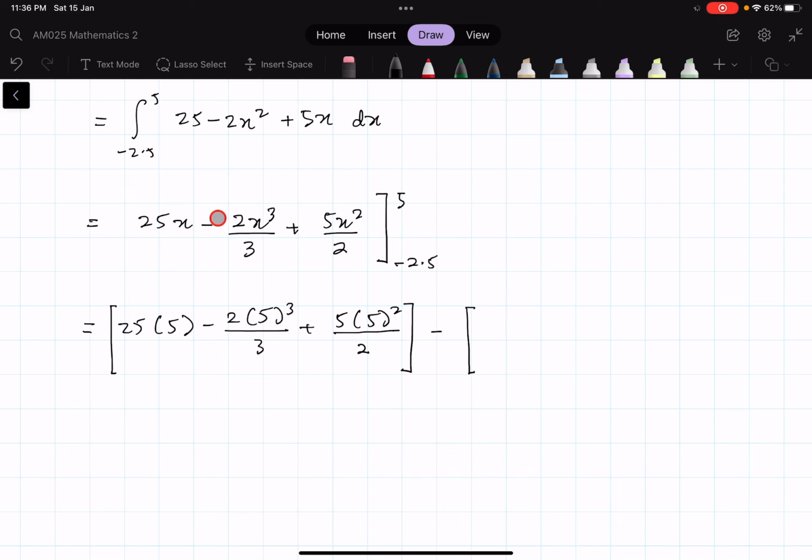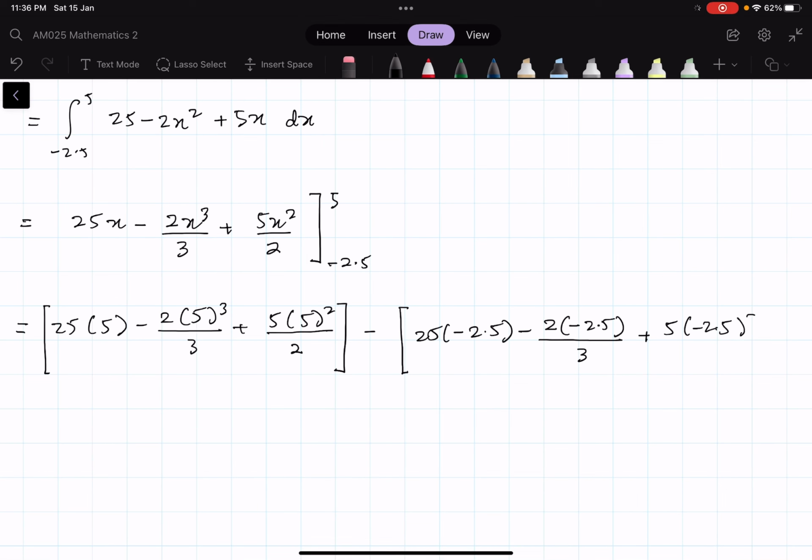Let us substitute: 25 times negative 2.5 minus 2 times negative 2.5 cubed over 3 plus 5 times negative 2.5 squared over 2.